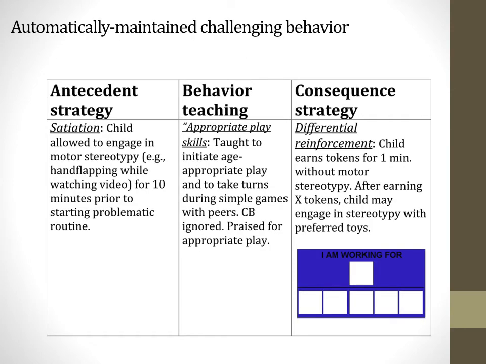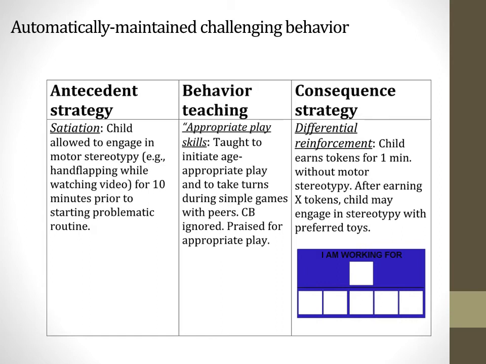So this is the last example. If the problem behavior is maintained automatically, which means the function of challenging behavior is self-stimulation, then you can use satiation as an antecedent strategy, so the child can play with something, or the child is allowed to engage in self-stimulatory behavior like hand clapping for 10 minutes before the problematic routine starts.